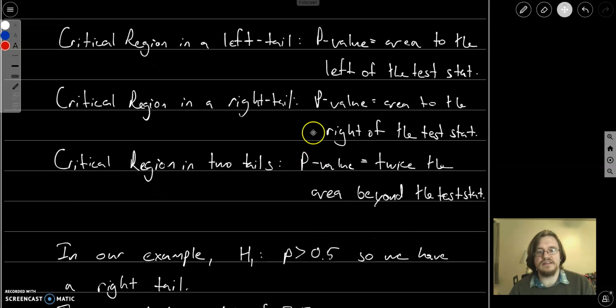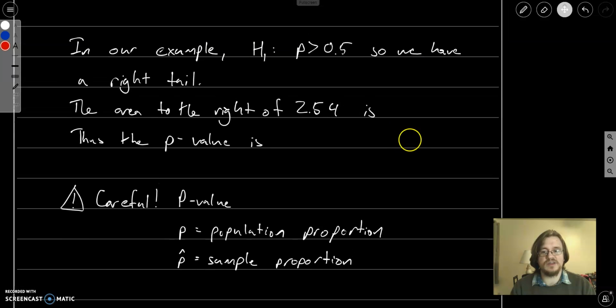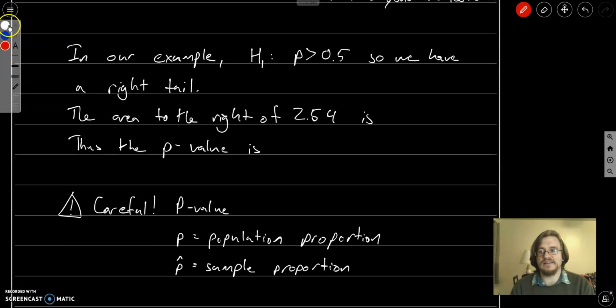To calculate this, the p-value is the area to the left of the test statistic if we're looking at a left tail, the area to the right of the test statistic if we're looking at a right tail, and twice the area beyond the test statistic if we're in a region with two tails. So again, let's look at our example.